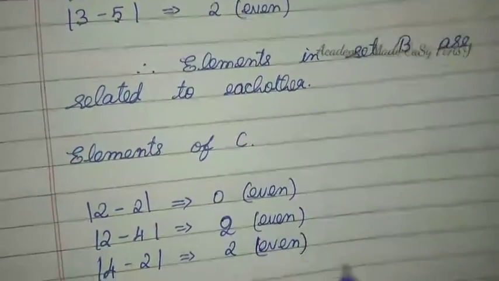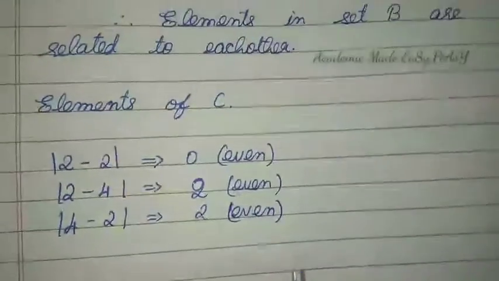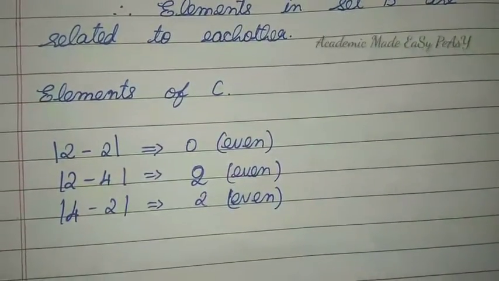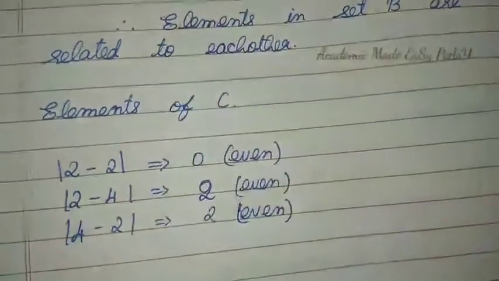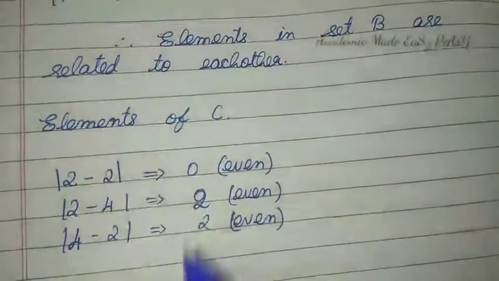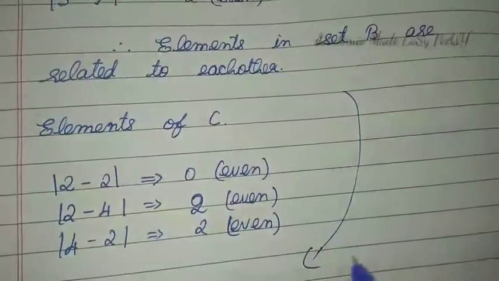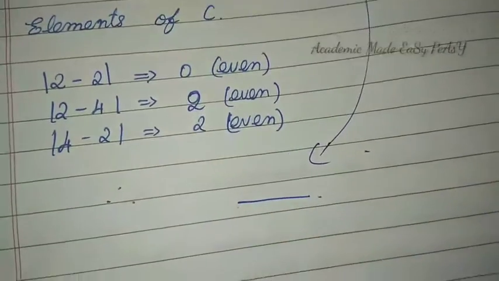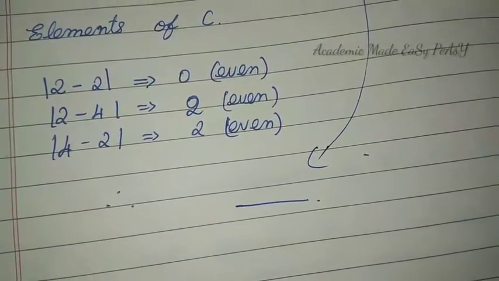So every condition is satisfied. Whatever example we take, we are getting the condition satisfied. So I will write here that elements in the set C are related to each other. Same thing I will be writing over here also. So my second part of the solution also is proved.